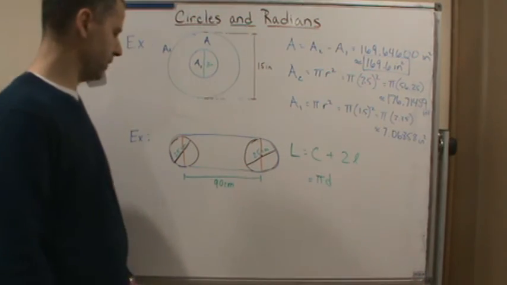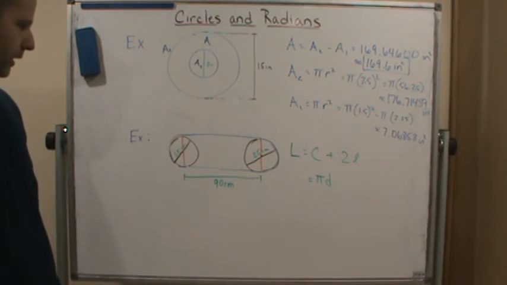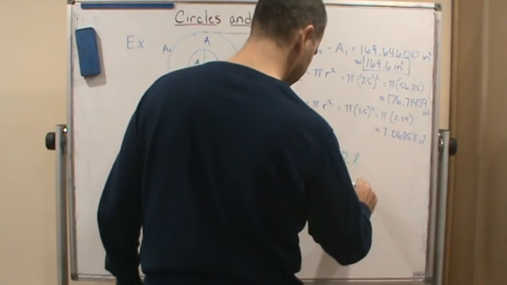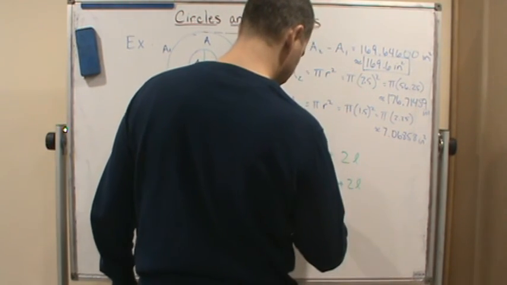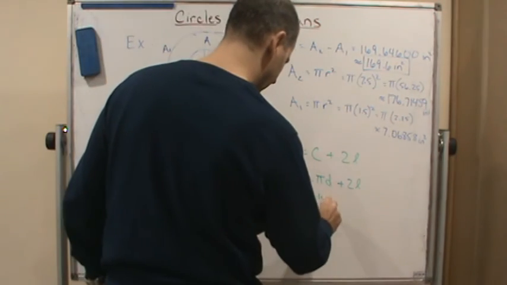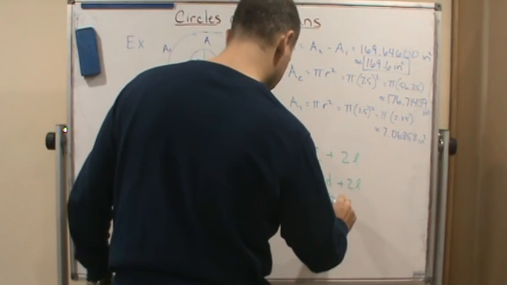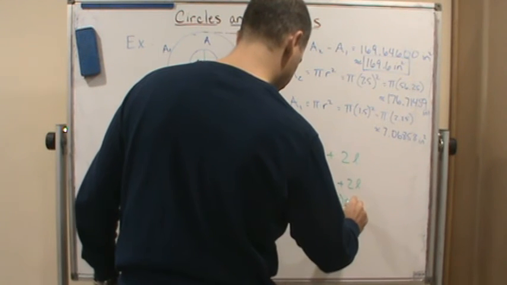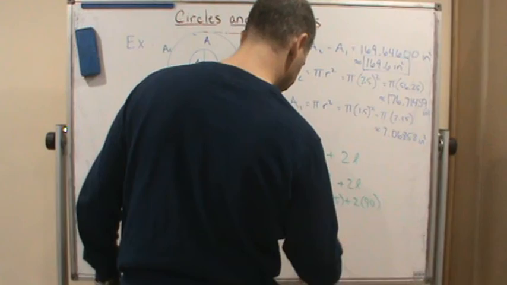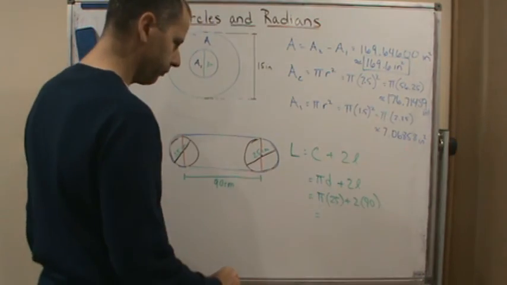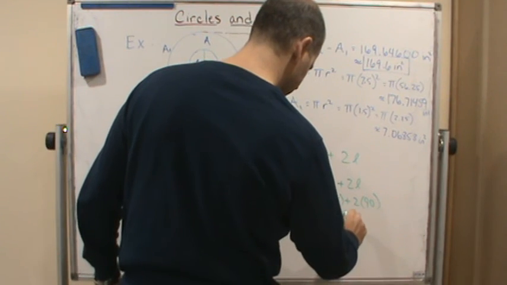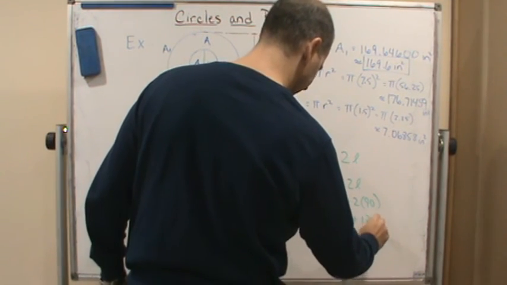Pi d, since we know the diameter is 25 centimeters. And then it's going to be twice the length. And then all we have to do is plug in the values. So it's going to be pi times 25 plus 2 times 90. Okay? And so it's going to be pi times 25 plus 180.